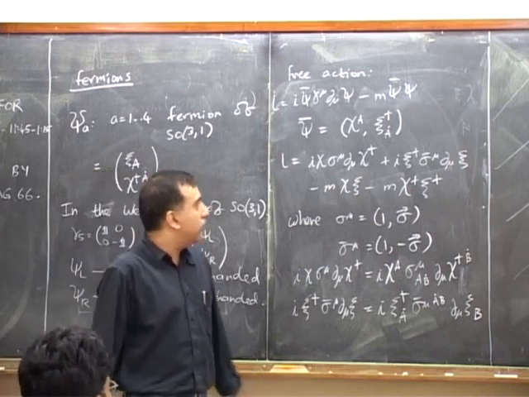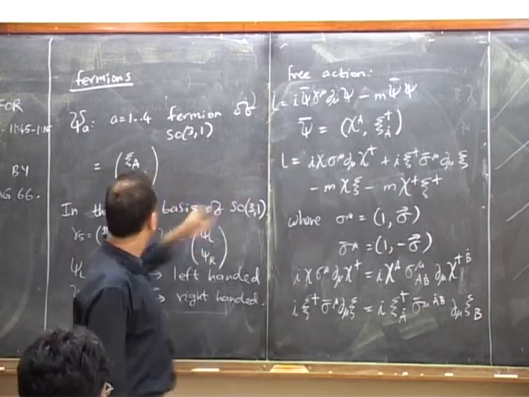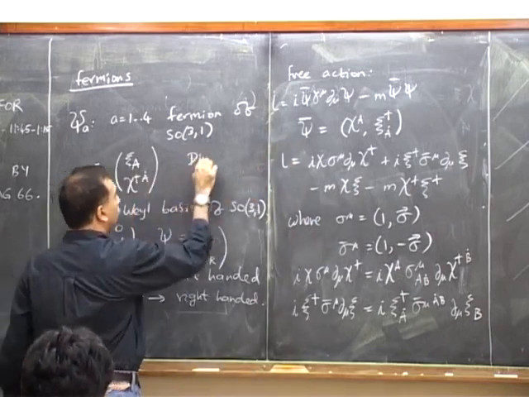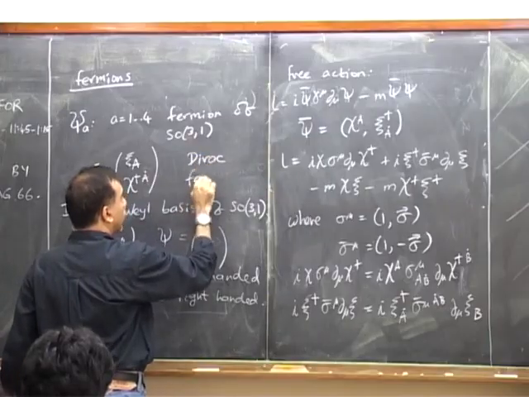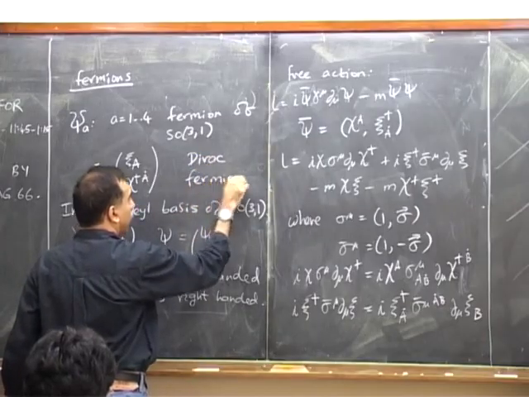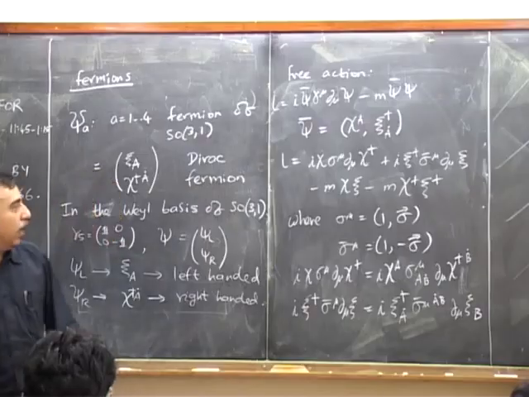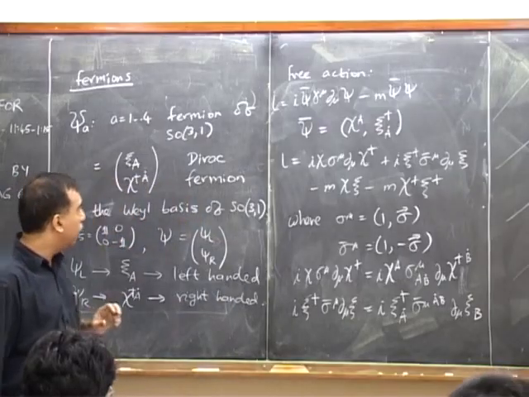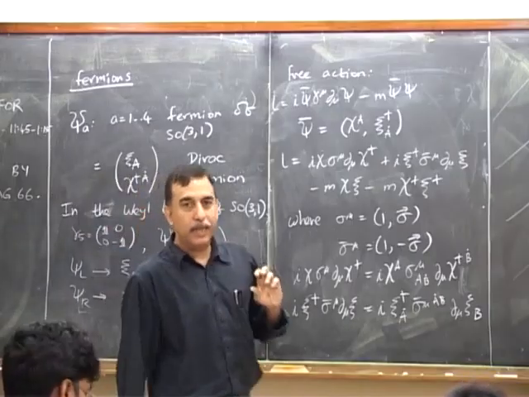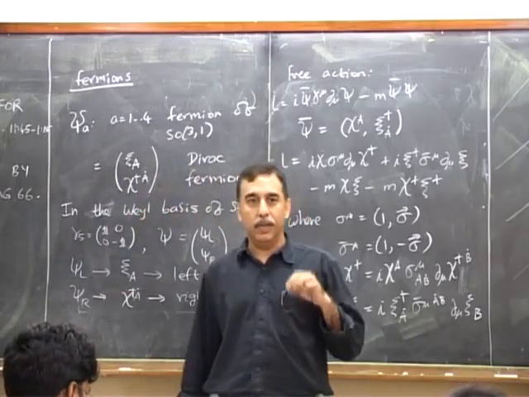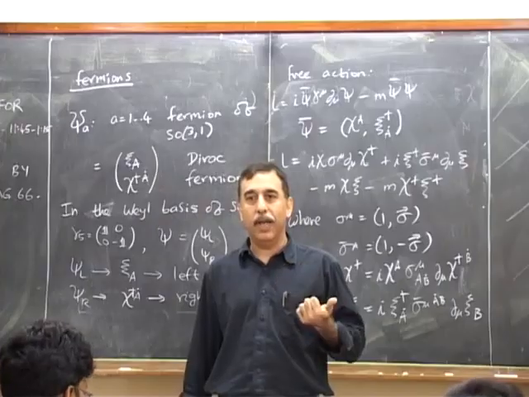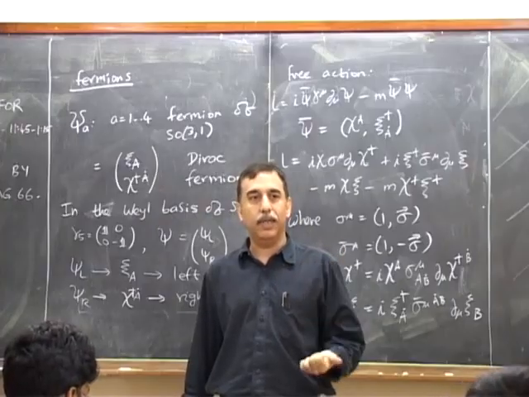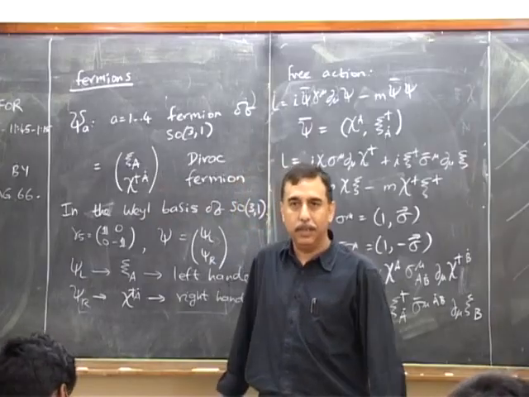So that sets up the stage for what is called a Dirac fermion. And just so that you have the physical concepts clear, the Dirac fermion encodes the states of a spinor particle, let's say a left-handed particle, a left-handed antiparticle, a right-handed particle, and a right-handed antiparticle.